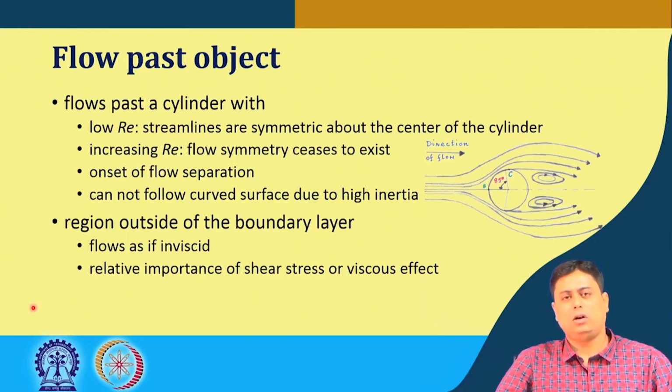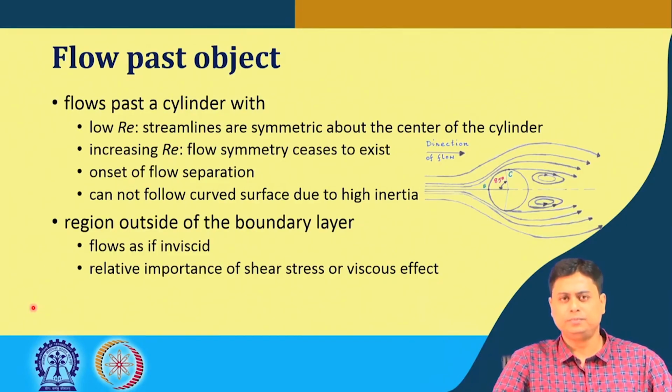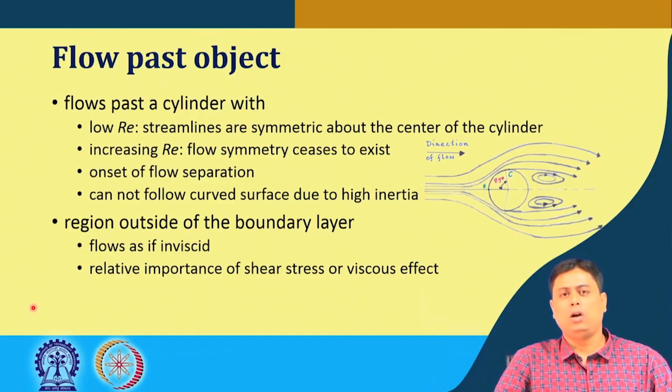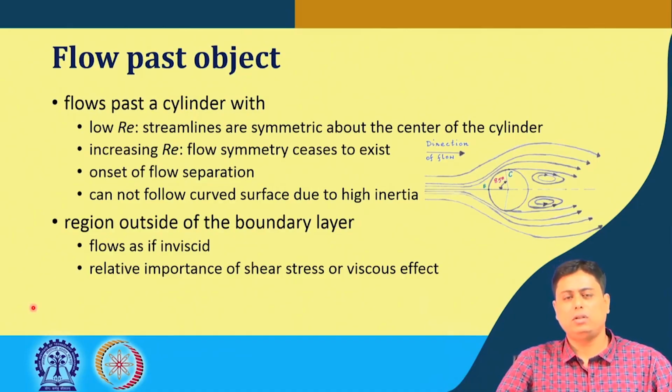So, in case of low Reynolds number, when there is a flow across this cylinder, the streamlines are nearly symmetrical about the center of this cylinder. But as you increase the Reynolds number, this flow symmetry ceases to exist.